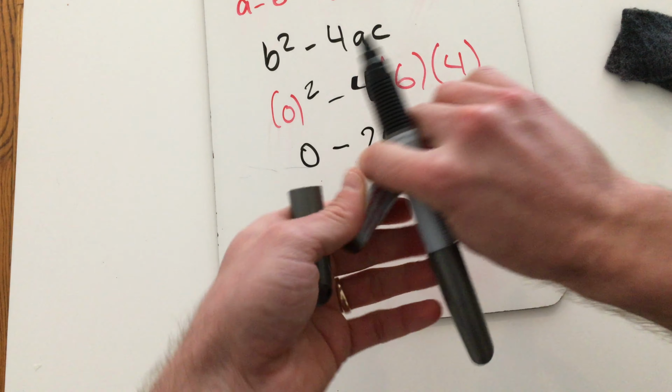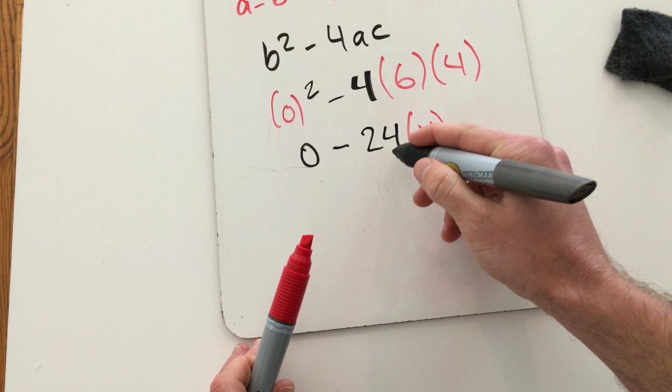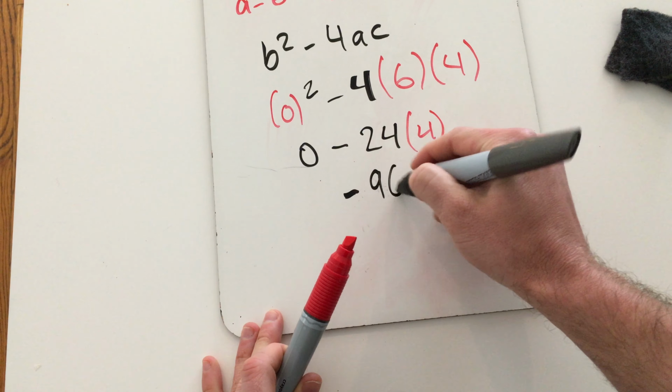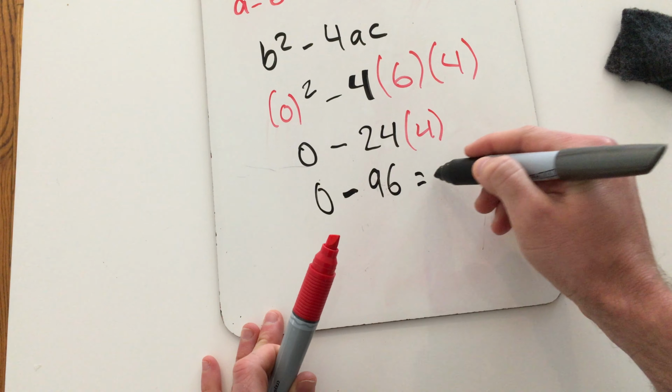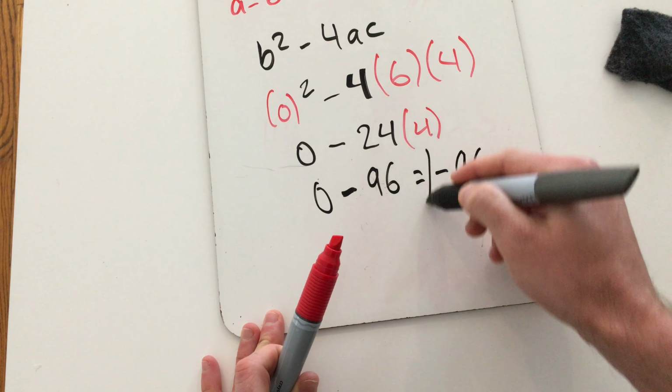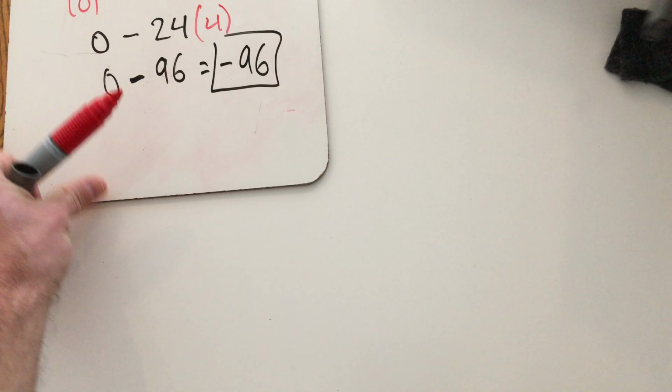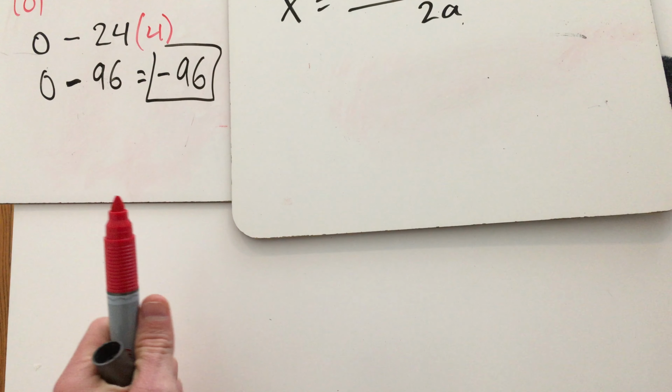Let's see, 20 times 4 is 80, 4 times 4 is 16, so 80 plus 16 would be negative 96. 0 minus 96 is negative 96. Now you see how we got a negative answer here? Well, let's see what would happen if we plugged in that negative 96.